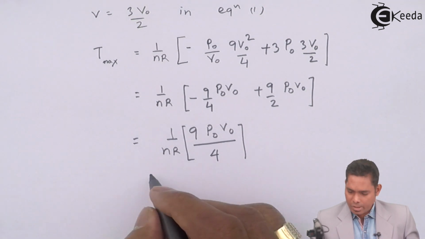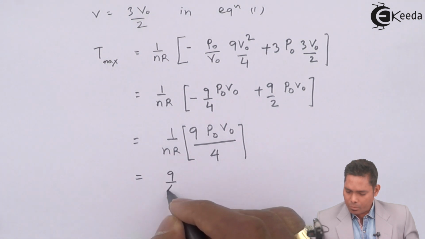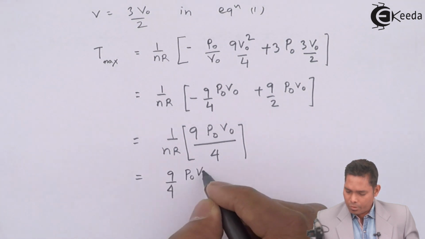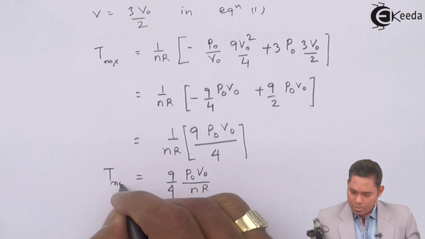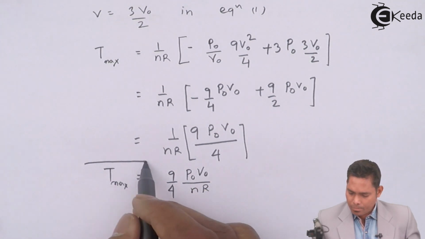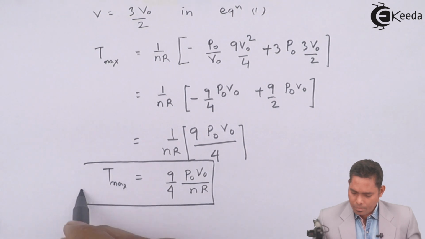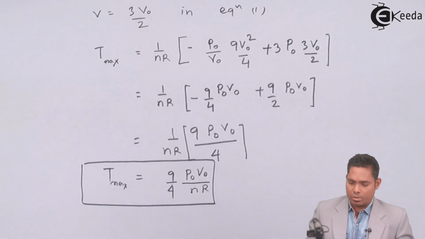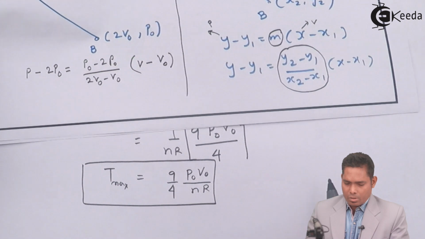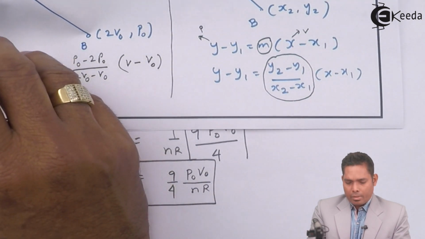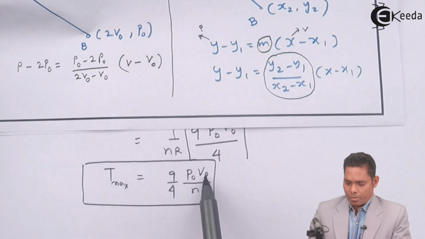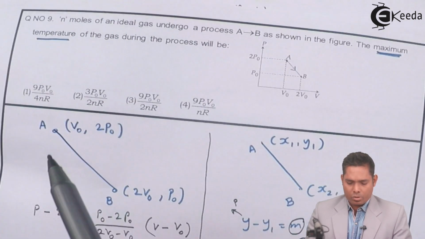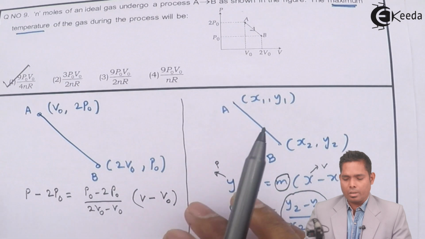I'll rearrange this: 9 upon 4 P naught V naught by nR. This is the maximum temperature. If I see the options, 9 P naught V naught divided by 4 nR, so option number 1 is the correct option.